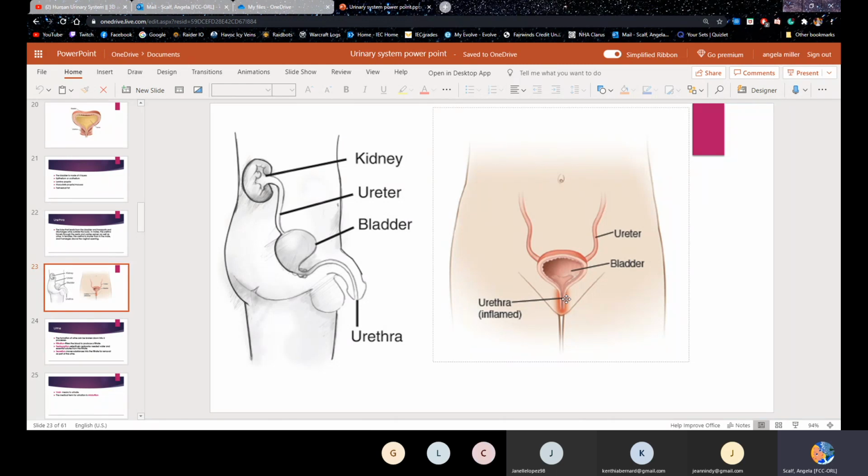Why do you think a person, if they were diabetic, might have a higher chance of having an inflamed urethra or getting a urinary tract infection or a fungal infection or any kind of infection? Diabetic?